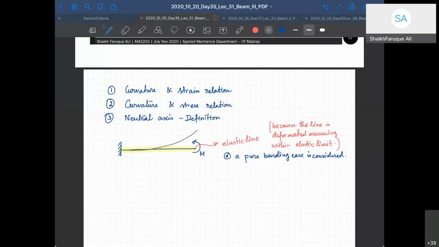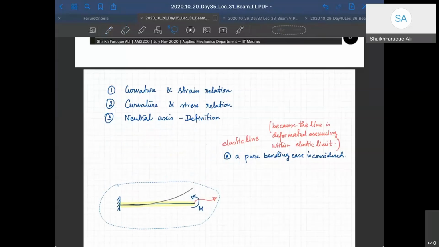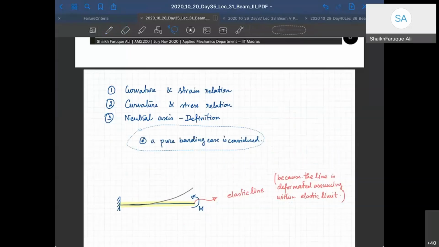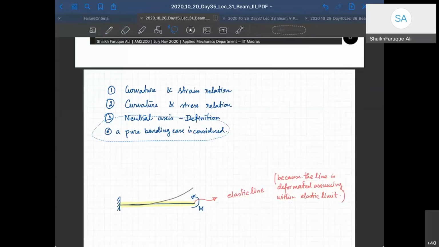No, the drawing is not exactly correct because the length has increased. It will not have an increased length. Let me do a few things here. Let me pull it back down a little bit. And this can go here. Point number 4.